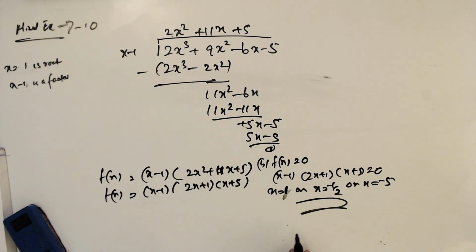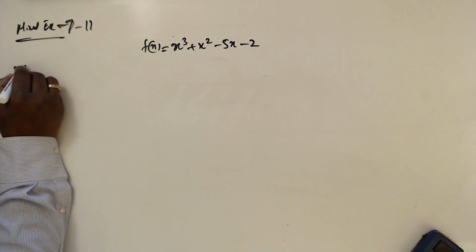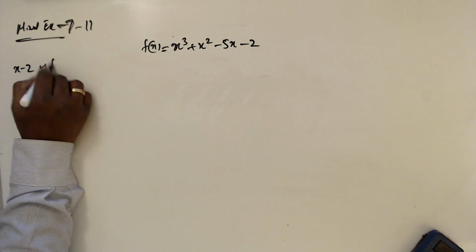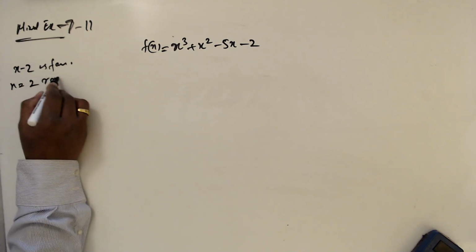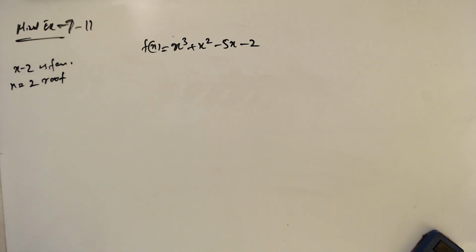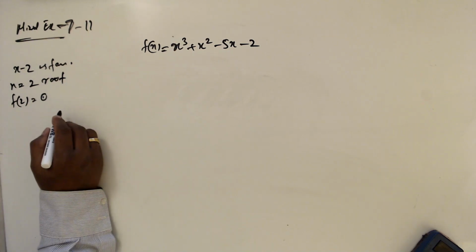So question number 11, we want to show that x minus 2 is a factor. It means x equals 2 is a root. So if x equals 2 is a root, f(2) has to be equal to 0.